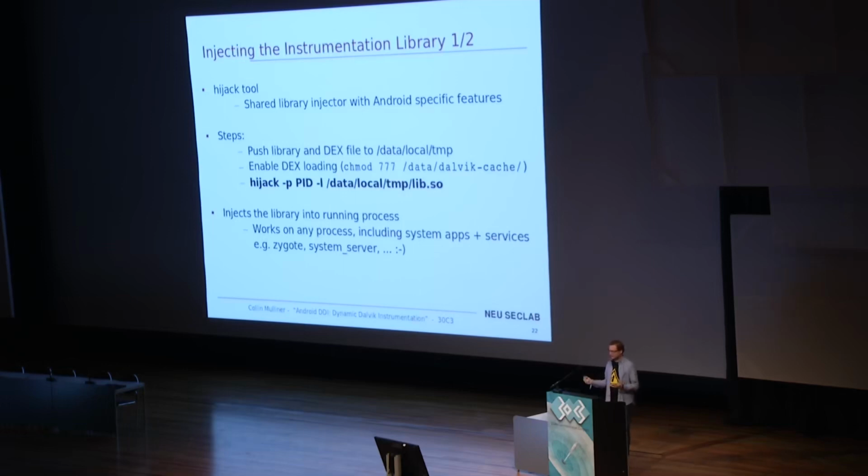If you want to also load additional DEX classes, which I'm going to tell you about in a few minutes, you also have to change the Dalvik cache directory to be world writable. And then you use the Hijack tool, provide the PID of the target process and the full path to the library, and then you just run it, and that injects the library into the running process.